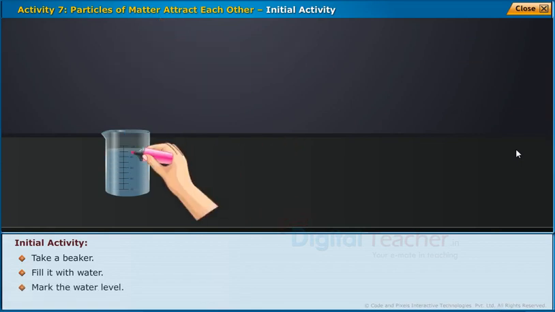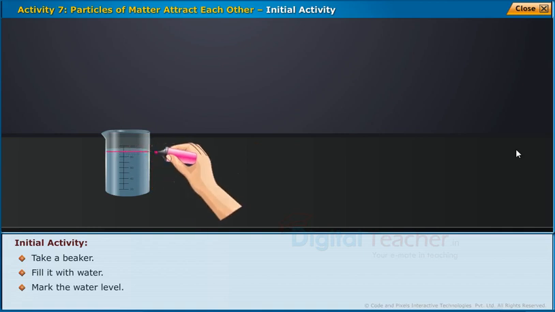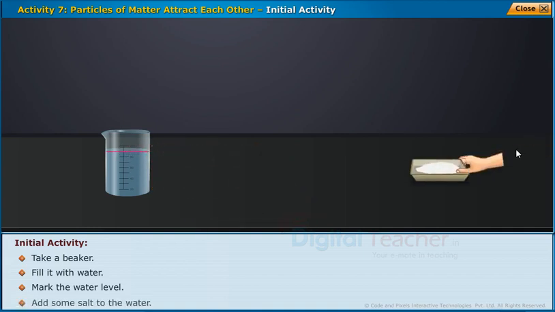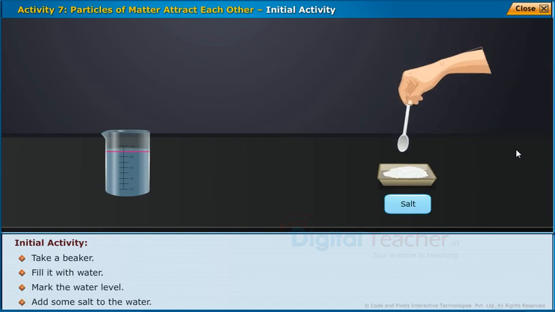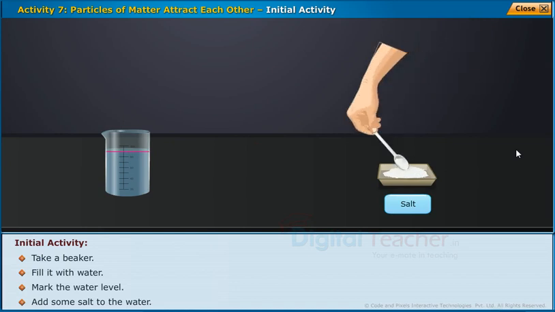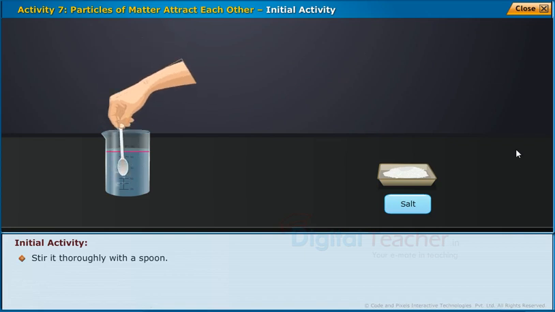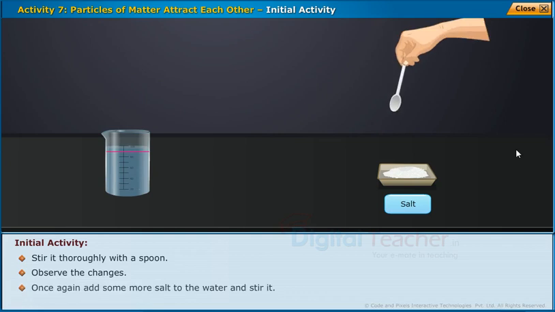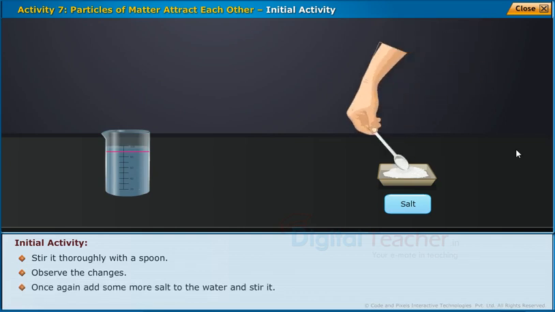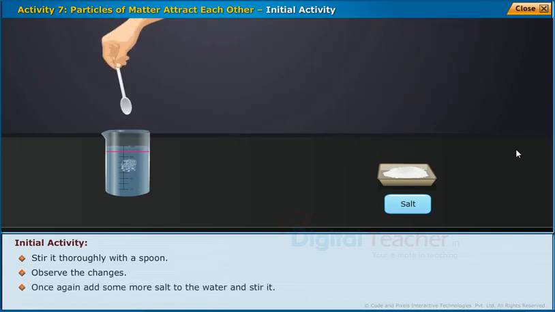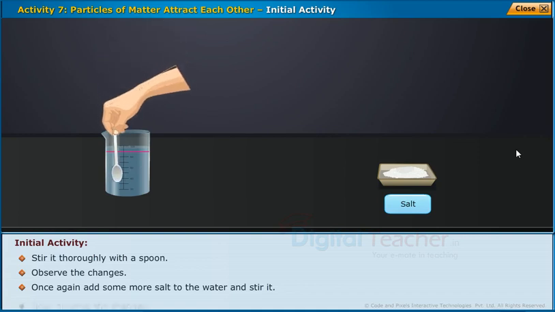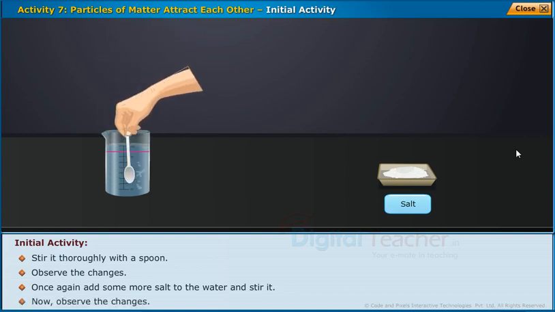Mark the water level. Add some salt to the water. Stir it thoroughly with a spoon. Observe the changes. Once again, add some more salt to the water and stir it. Now, observe the changes.